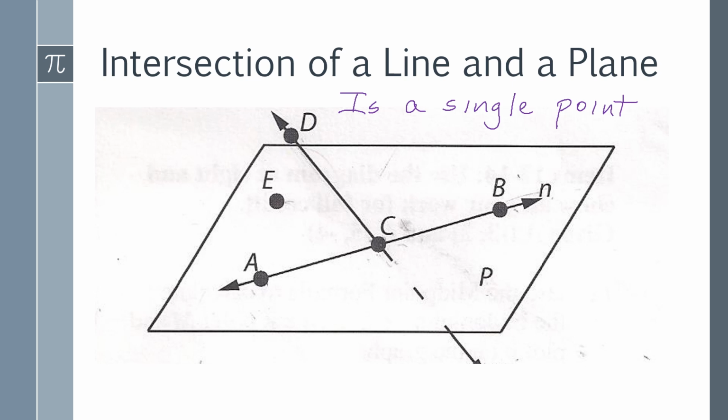You can see the pipe coming out of the wall. The pipe is representative of a line, the wall is representative of the plane, and if you were to see where that pipe goes into the wall, there's a hole there. The hole would represent the intersection or that single point.